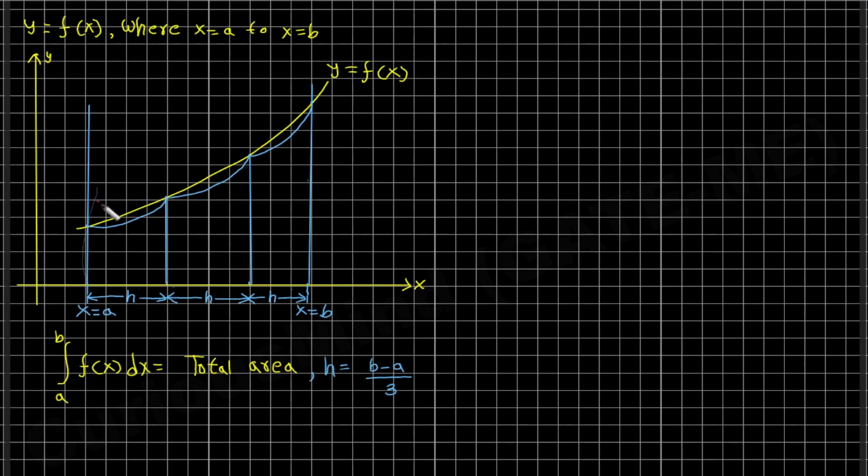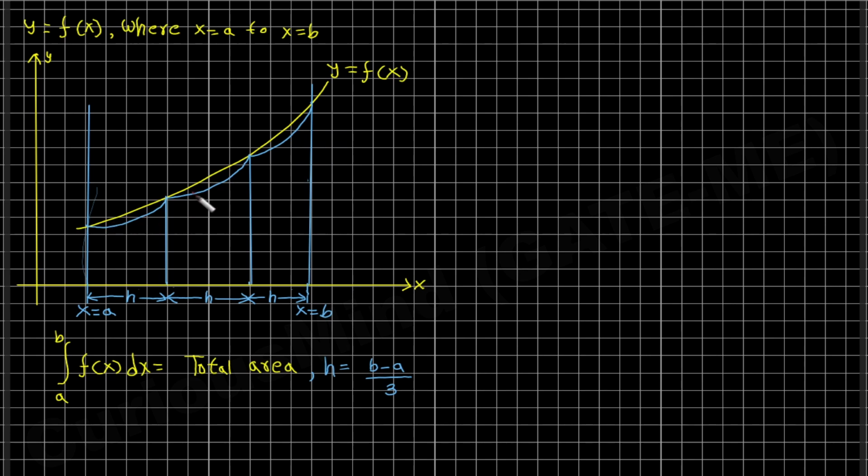So if the portion of the curve of the function f(x) in each of the subintervals is assumed to be a parabola, which is drawn in the blue color, then we would have an area under the parabola in every subinterval.